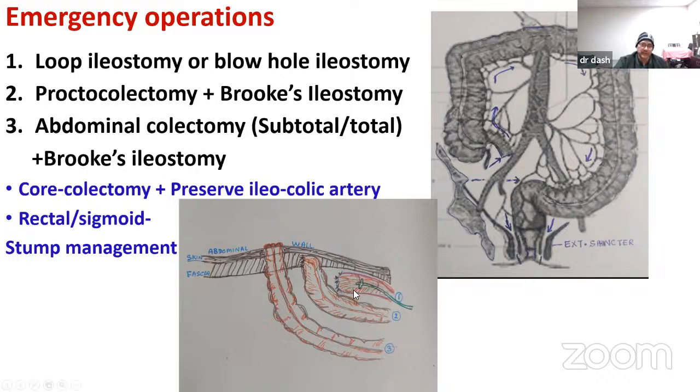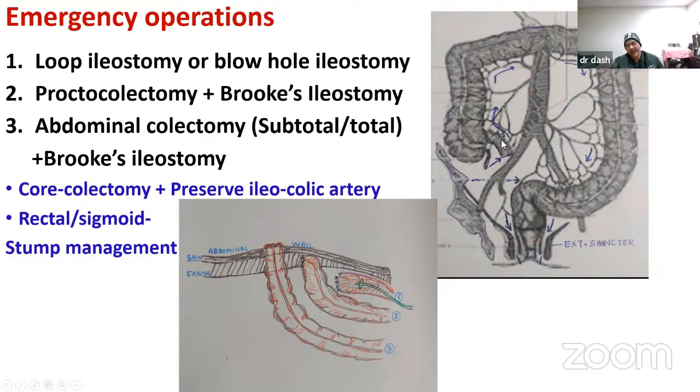So either of these two we can do, and when we will be doing a subtotal colectomy, as Dr. Kapoor said, we have to do a core colectomy. Now, 5 centimeters of the terminal ileum has to be taken with the colon, because with the ileostomy or the pouch we are doing, the idea is to exclude the backwash ileitis that is occurring in the terminal ileum.